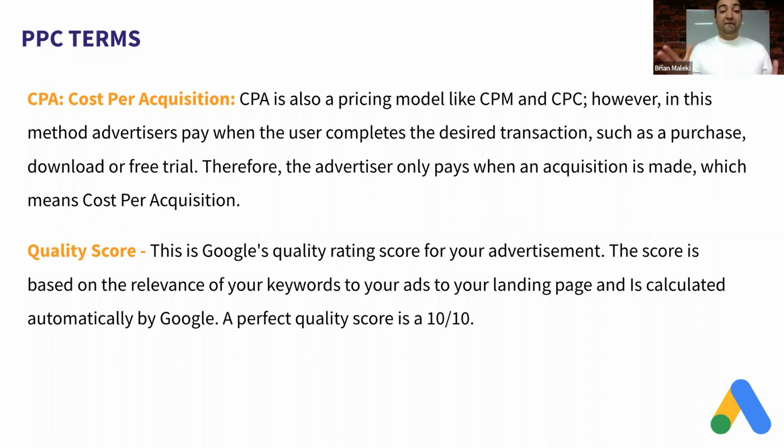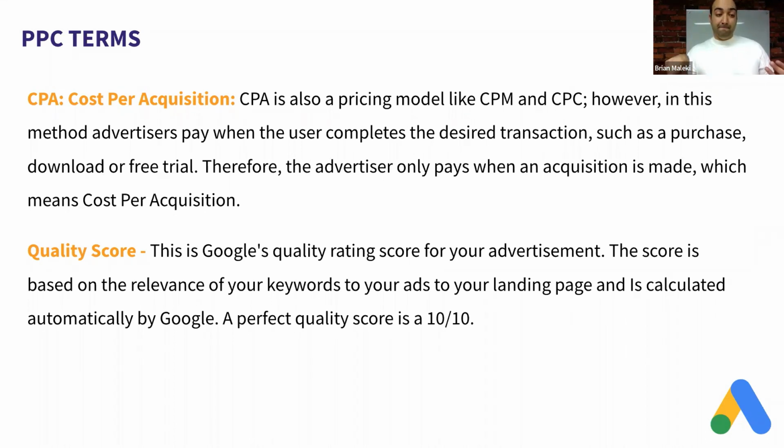But if they convert, Google not only charges us CPC, it also charges us CPA, cost per acquisition, which is higher than CPC. For example, let's say your CPC is $1, okay, someone comes to your website, Google charges $1. If that person converts, Google says that, okay, that person actually converted. Now you have to pay, let's say, $10 because it's a valuable action and you want that.